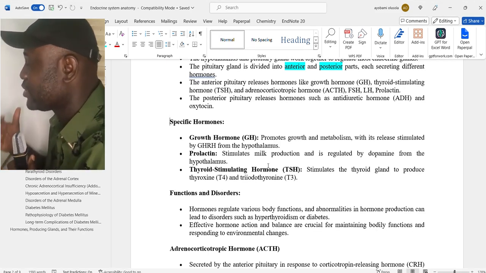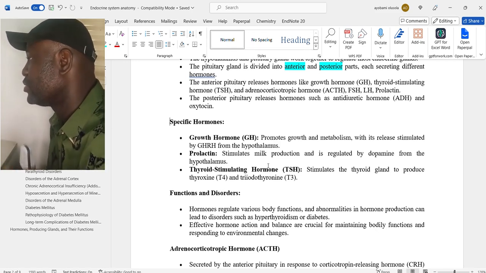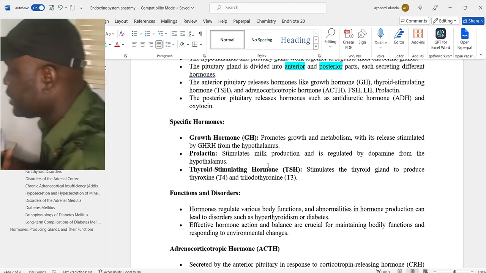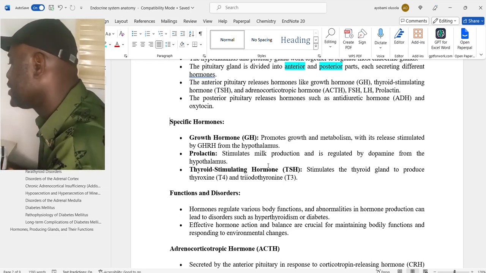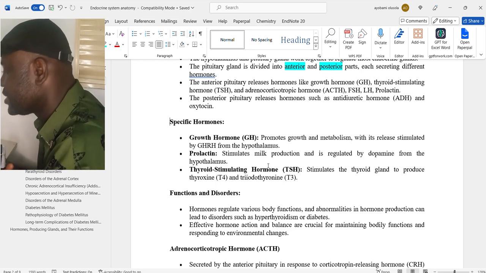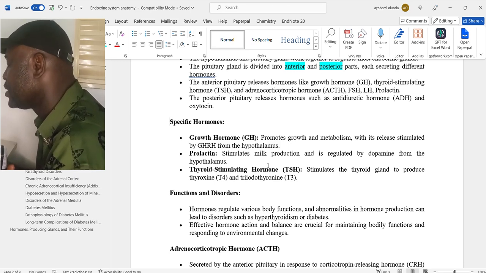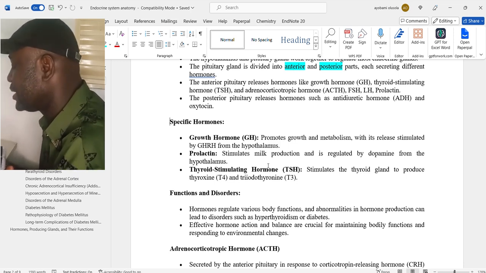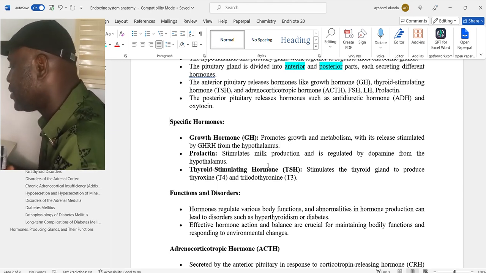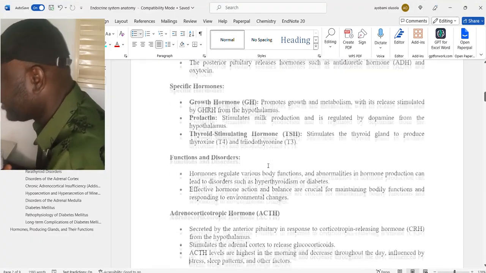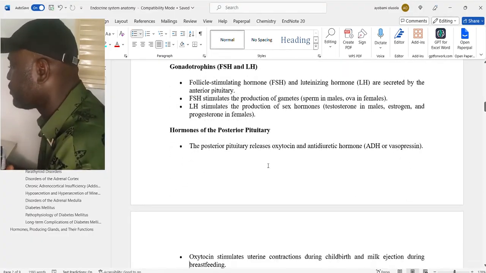Don't forget, we mentioned earlier that dopamine is also known as prolactin inhibiting hormone, PIH. Thyroid stimulating hormone, TSH. The thyroid stimulating hormone stimulates the thyroid gland to produce thyroid hormones, and there are two thyroid hormones: thyroxine, otherwise known as T4, and triiodothyronine, otherwise known as T3.